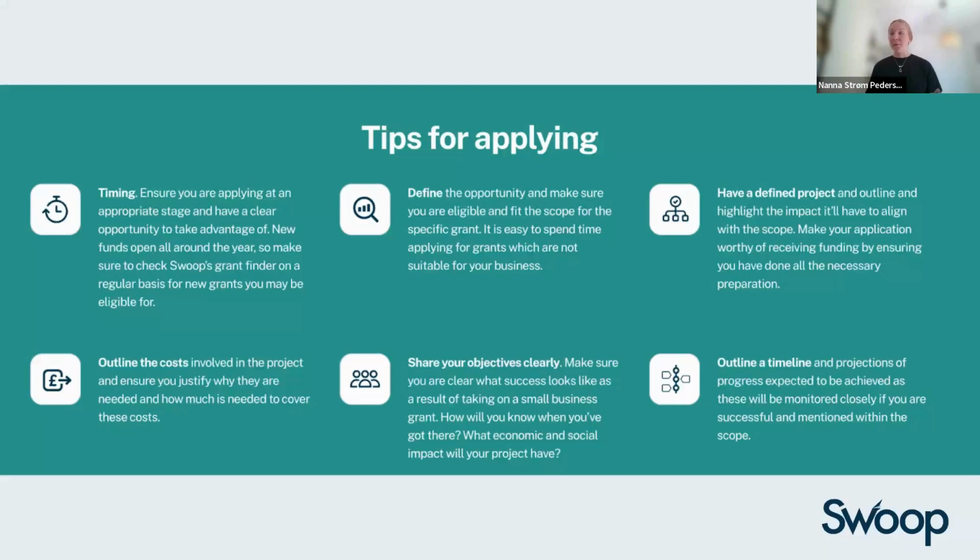Then a key one is to share the objectives of what this grant will do for your business, but also for the local environment around you. Often with the local grants that we see throughout the UK, a key objective will be to get new jobs in place, or secure already existing jobs that could be at risk of losing out.